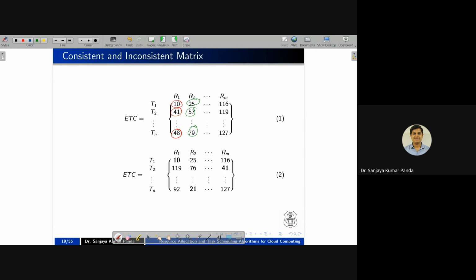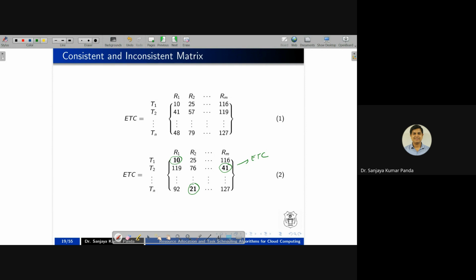However, when you go for an inconsistent matrix, for example, if you take an ETC matrix like this, for T1, R1 is better. For T2, Rn is better. For Tn, R2 is better.